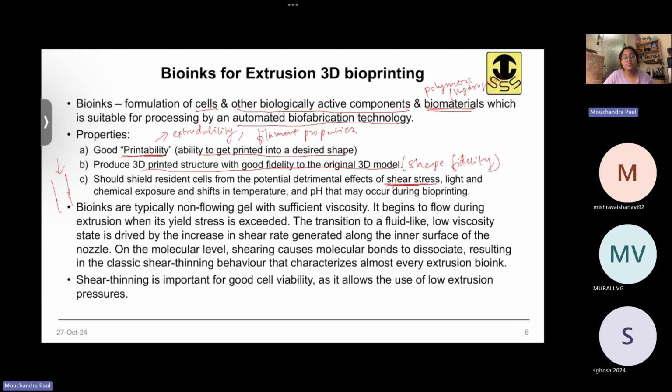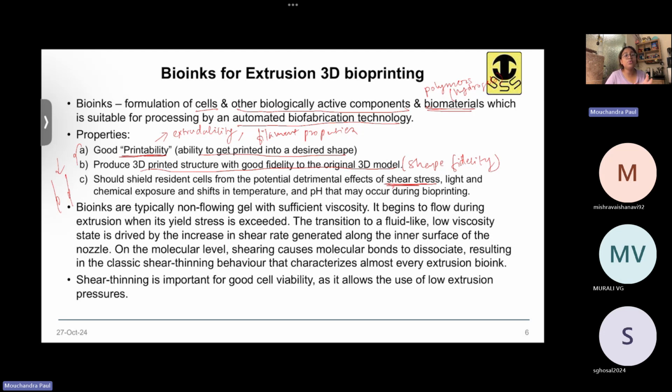Also, we often use various chemicals to cross-link, or we can use light, or we can vary the temperature and all. All these changes in the environment can also have a detrimental effect on the cells. So why do we do it? Why do we change the temperature, light, and pH and all? In order to maintain printability. Okay. So there is a compromise.